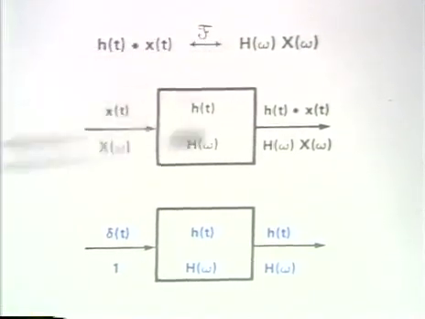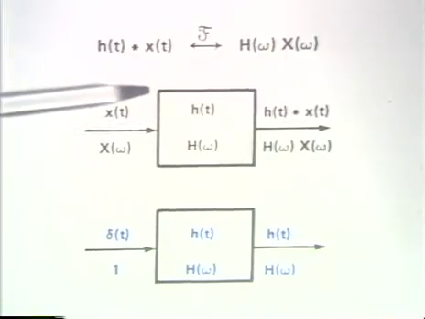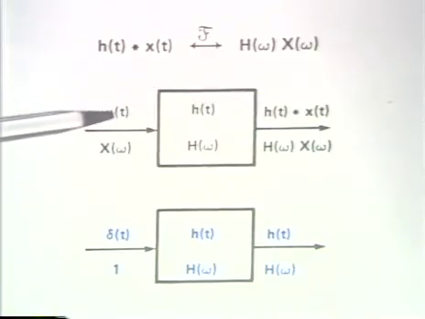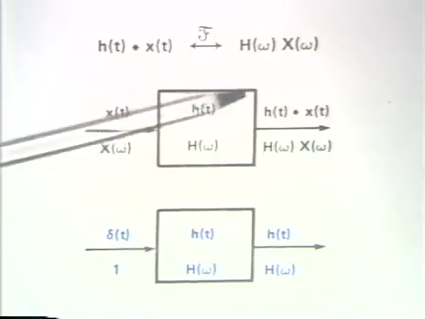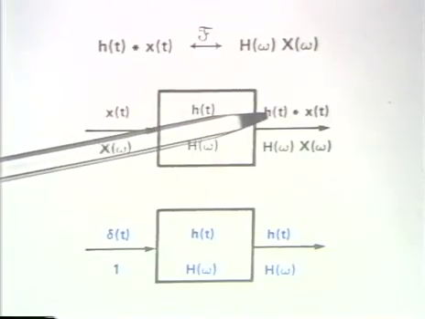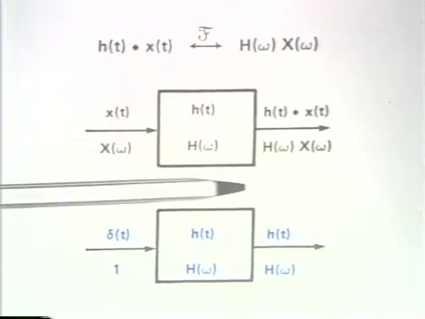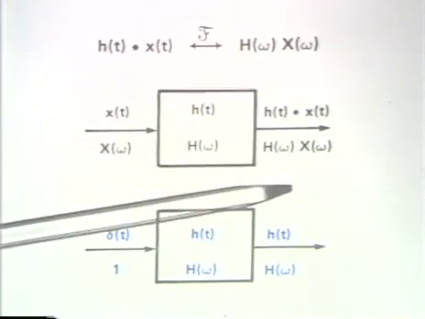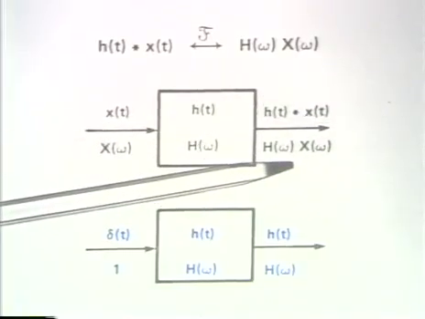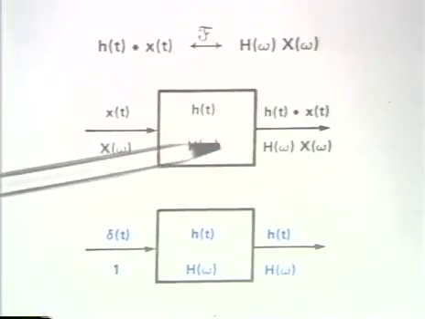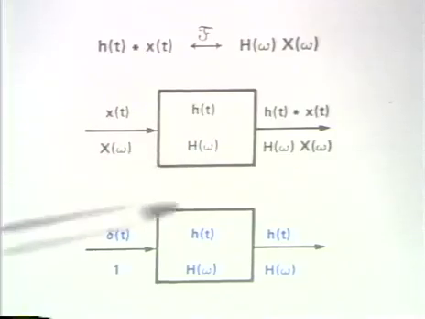So it says, for example, that if I have a linear time invariant system with an input x of t, an impulse response h of t, and the output, of course, being the convolution, then in the frequency domain, the Fourier transform of the output is the Fourier transform of the input times the Fourier transform of the impulse response.